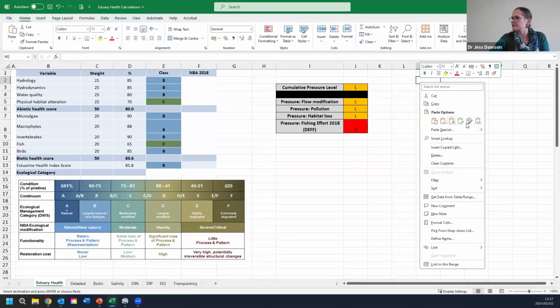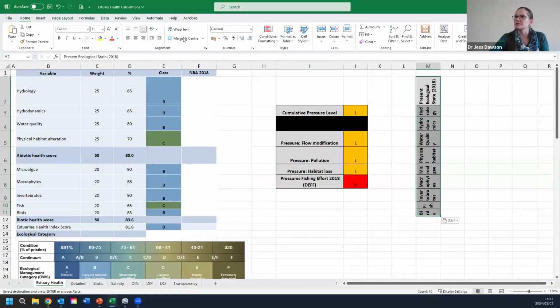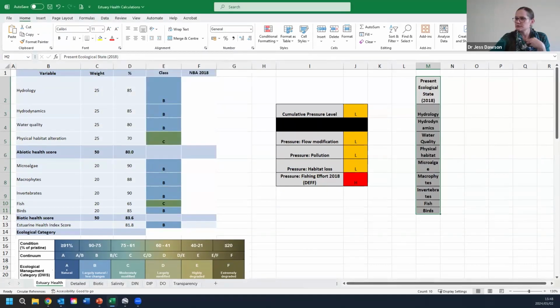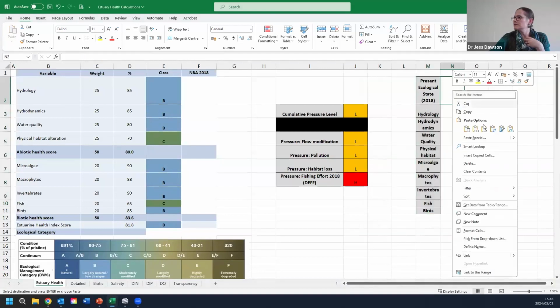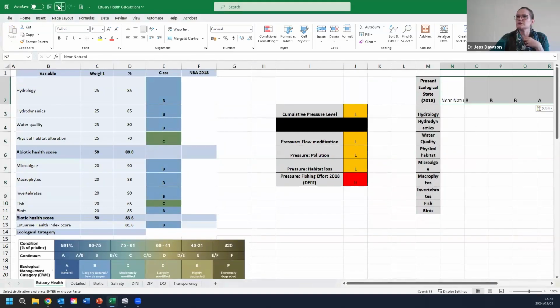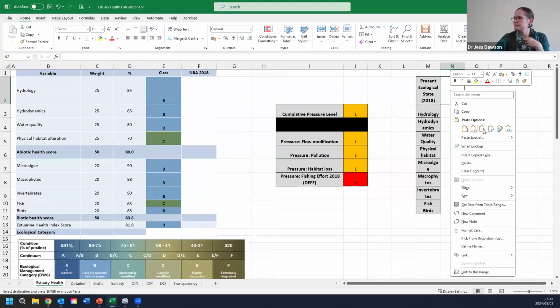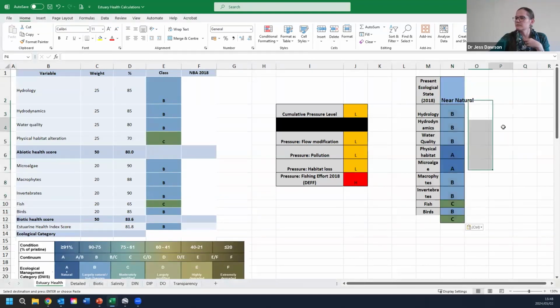I think it has an extra category that I might not have counted for. So hydrology, hydrodynamics, water quality.